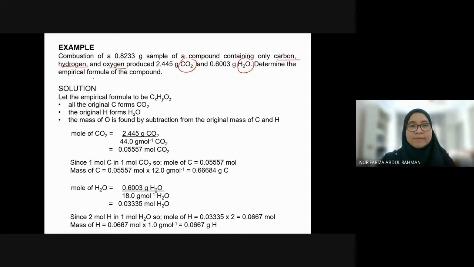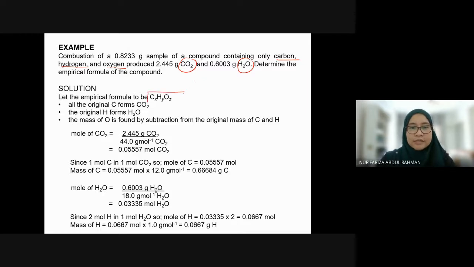Determine the empirical formula of the compound. As you can see, the individual mass for each constituent is not given. Dia tak bagi. Jadi kita kena cari. We have to calculate the mass for each one of the constituents.